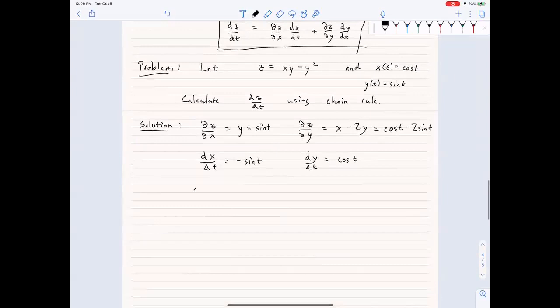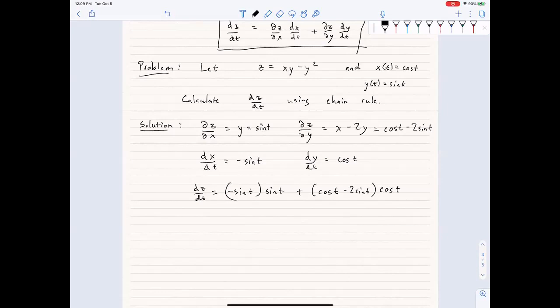So now dz/dt is going to equal, now I just multiply, negative sine t. Questions? Everything good? Okay, negative sine t times sine t. And then I add cosine of t minus 2 sine of t times cosine of t.